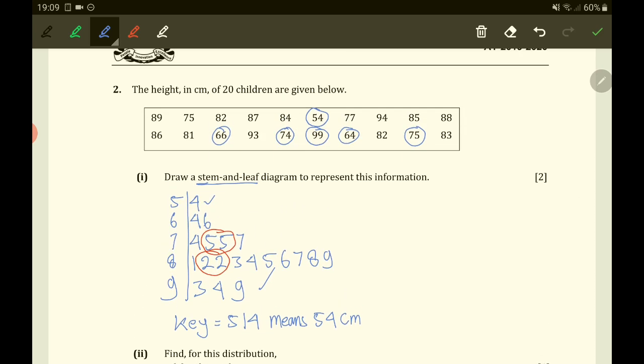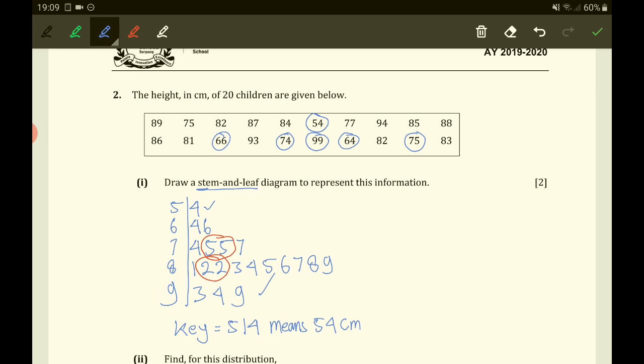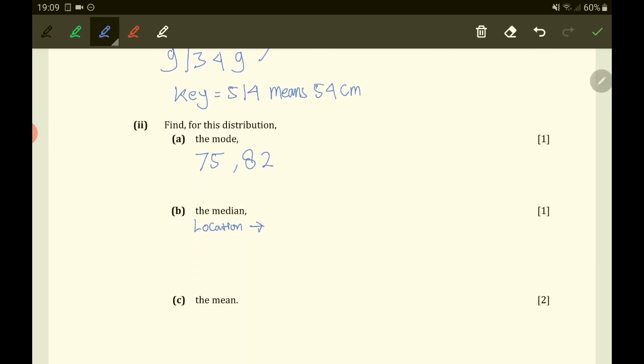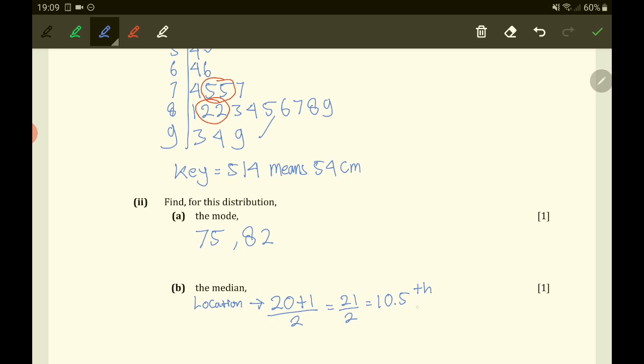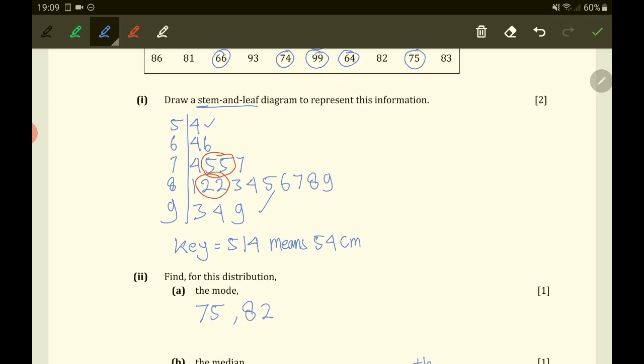So we have 20 data, right? So 20 plus 1 and then divided by 2. So we have 21 divided by 2, you have 10.5. So this is the location where the median is. So where is 10.5?